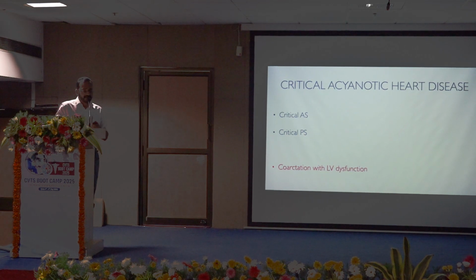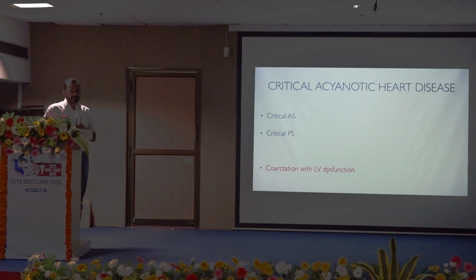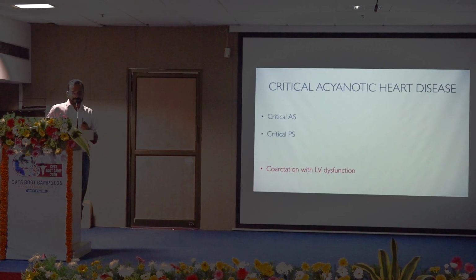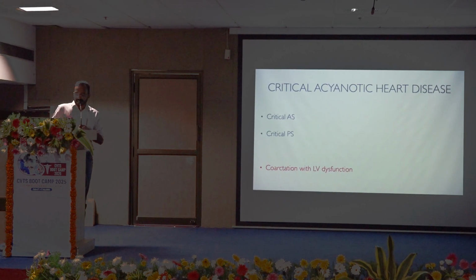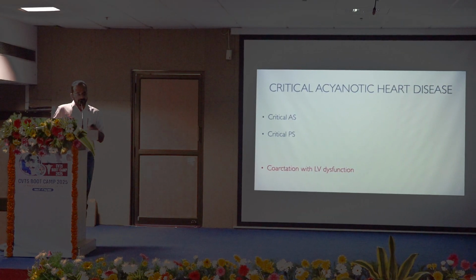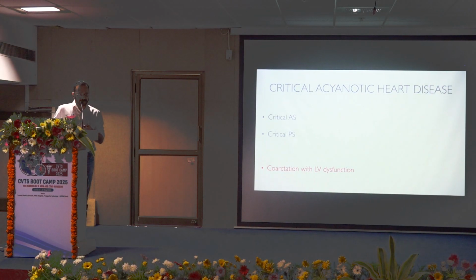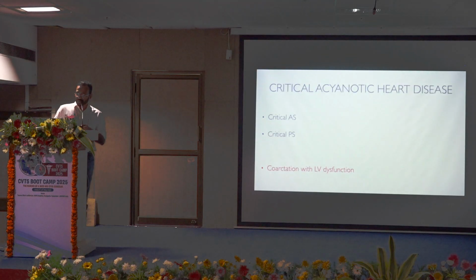You cannot send them back and call them later. The other group, in cyanotic heart diseases, is obstructed TAPVC. These are the two diseases that remain absolute surgical emergencies. Critical AS and critical PS are now mostly treated by balloon interventions or catheterization, so it's not truly a surgical subset.